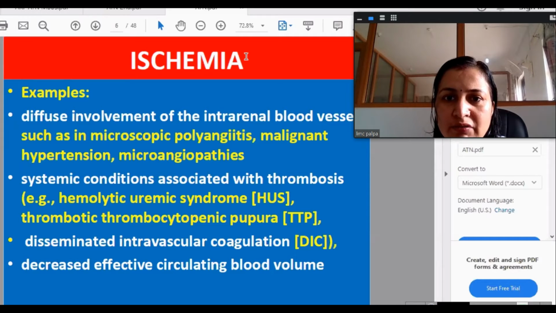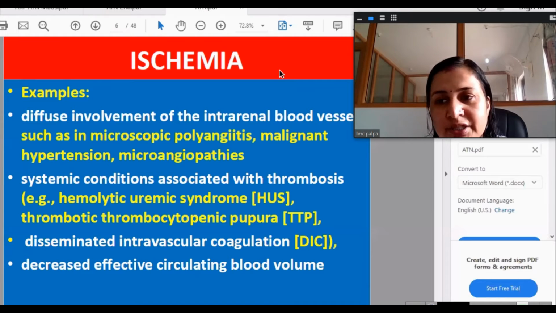All right. Now, what are the causes of ischemia? What are the causes of ischemic ATN? If there is involvement of intrarenal blood vessels by certain diseases like hypertension, malignant hypertension, very high blood pressure, microscopic polyangiitis, the inflammatory condition of blood vessels, vasculitis, or some other microangiopathies, if there is diffuse involvement of intrarenal blood vessels, then there can be ischemic injury, ischemic tubulointerstitial injury.